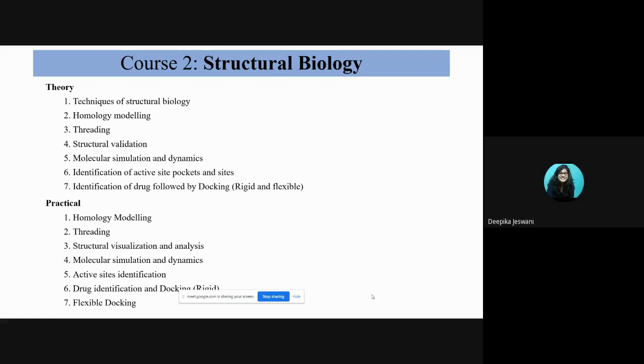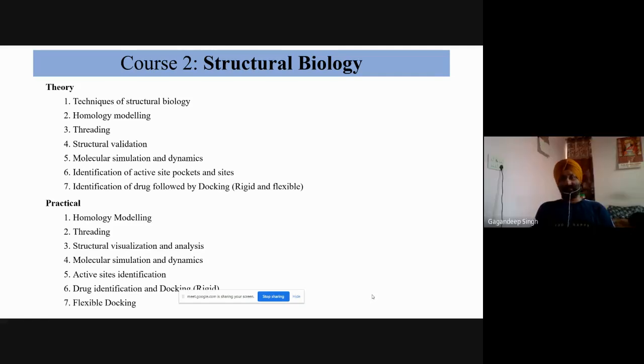Okay, so it means we must have some working area of the protein, how it is working and where it is coming from. Actually, when we select a new protein, first of all we try to find whether any related structure is available.